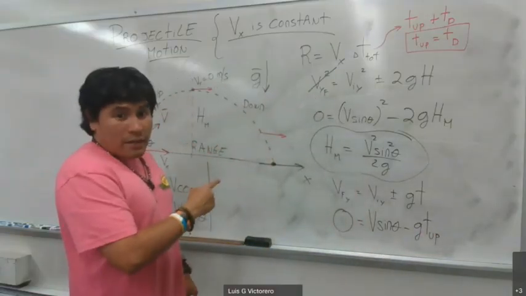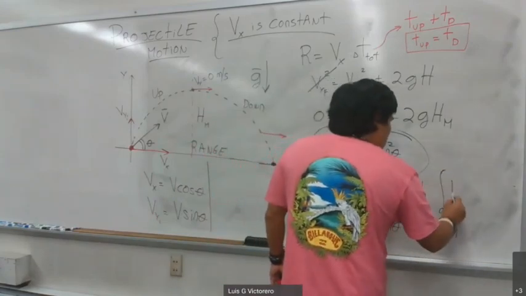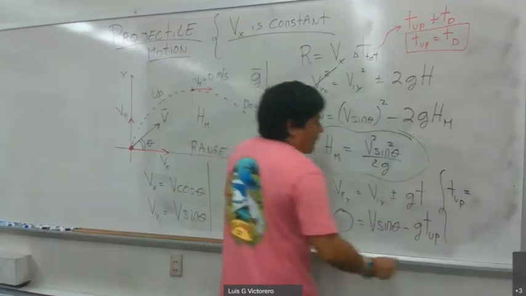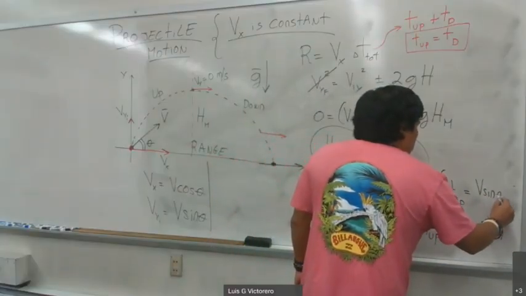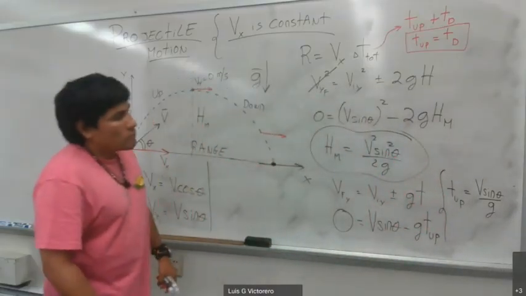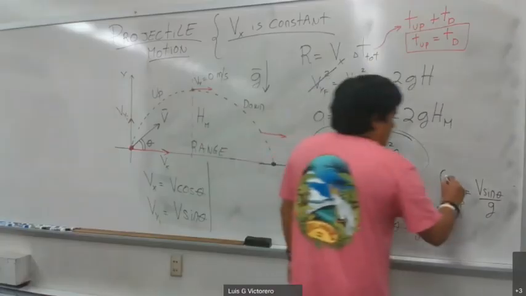So if you use the algebra, the time to go up is V sine theta over gravity. Another result, that's the time to go up.